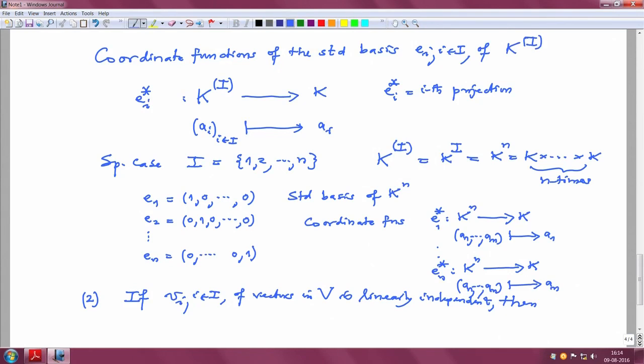But surely what we can do is take a subspace U. U is the subspace generated by this family Vi. That is, remember this notation we have been denoting like this, K Vi. This is the subspace of V generated by this family Vi.